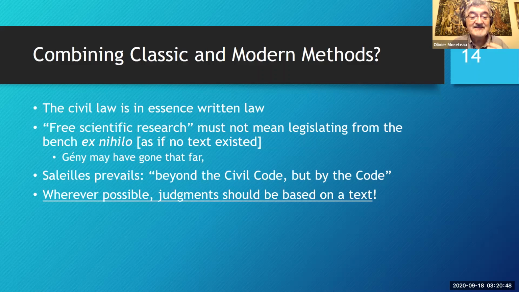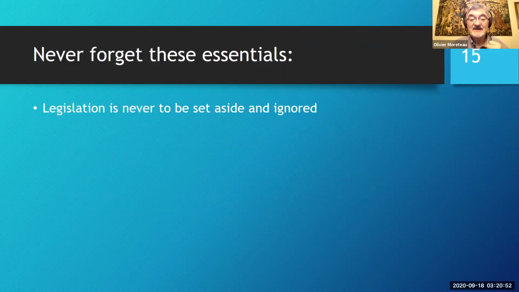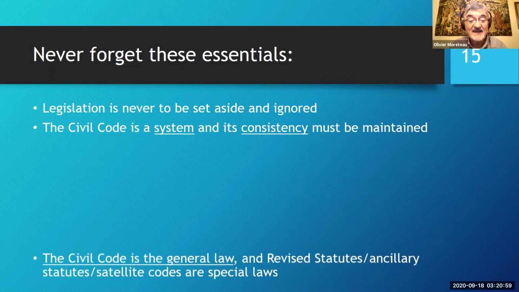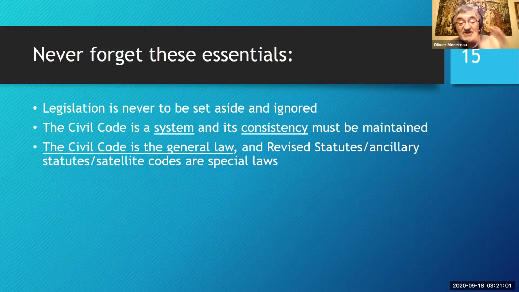Never forget these essentials. Legislation is never to be set aside and ignored. The civil code is a system, and its consistency must be maintained. The civil code is the general law. Revised statutes, ancillary statutes, or satellite codes are special laws. Don't forget this distinction between general laws and special laws.